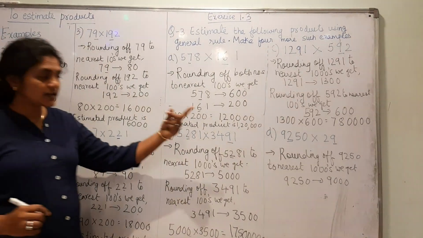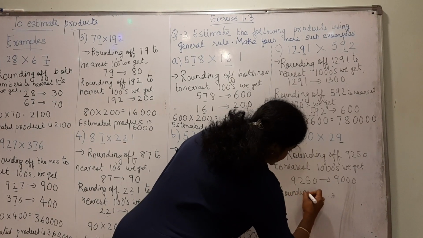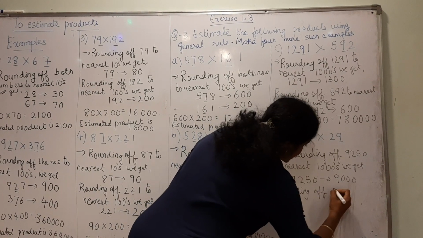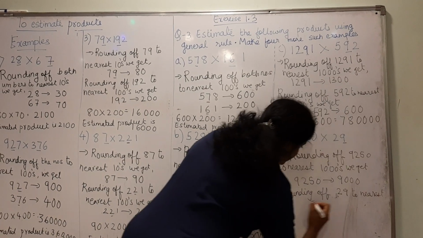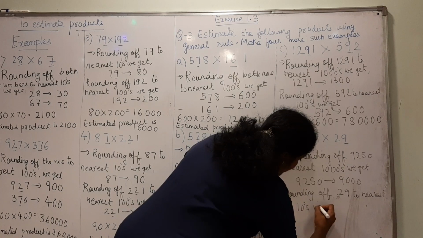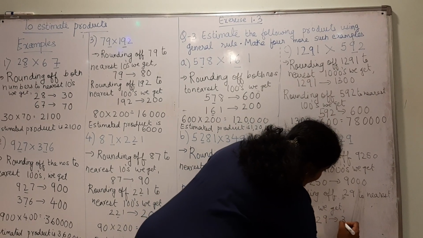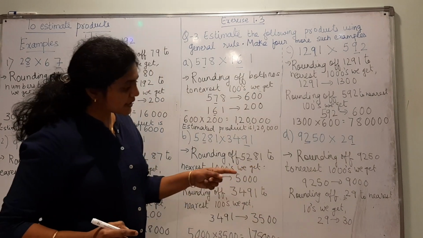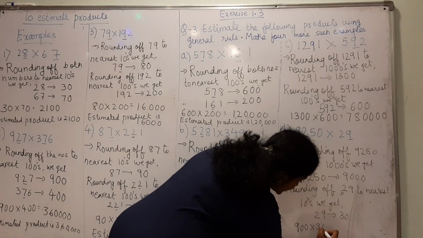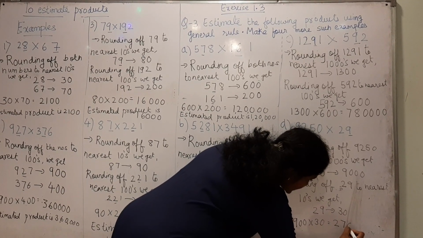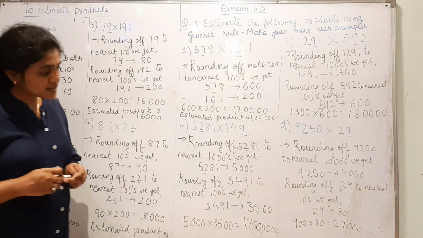Similarly, round off 29 to the nearest tens, we get 30. Multiply it, you will get 27. So 9000 into 30 is 27,000. Yes? So this is the answer.